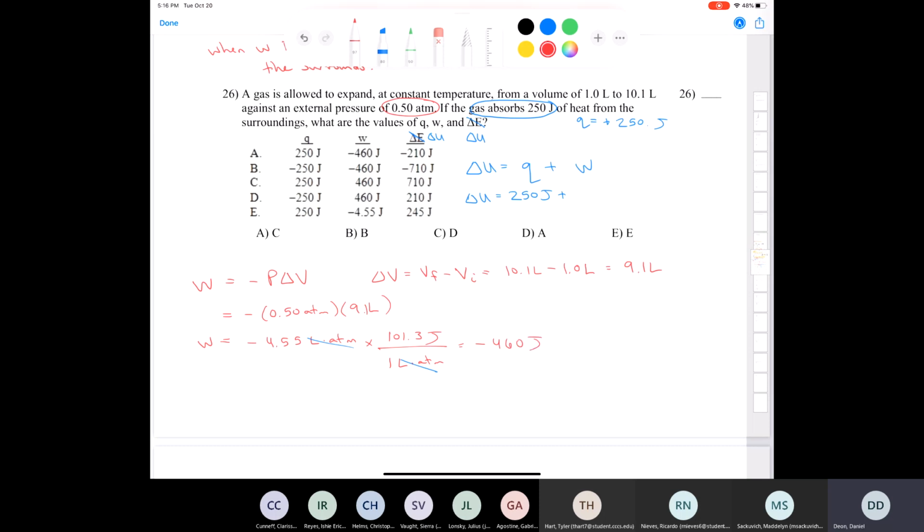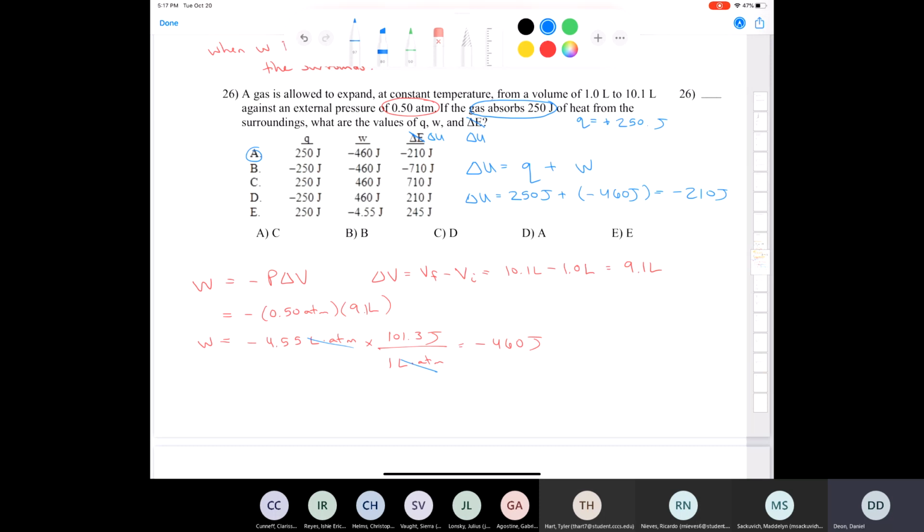So we've got 250 joules for our Q, and we've got negative 460 joules for our W. If we tally all that up, we end up with negative 210 joules. Now let me see here. Negative 210. Well, the only answer could be A, where we have positive 250 for our Q, negative 460 for our W, and negative 210 for our change in energy.